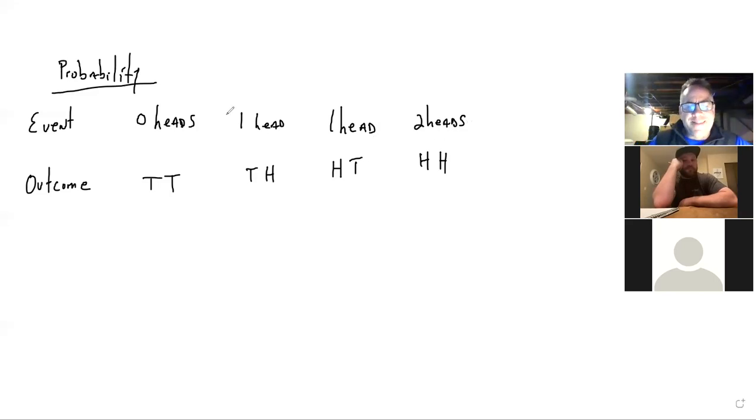So in this situation, just flipping 2 coins, there are 4 possible outcomes, but 3 events. Because for these two, there's no differentiation, tails heads, if I'm interested in just knowing how many heads I can get out of flipping 2 coins. So 3 different events there, 4 different outcomes.